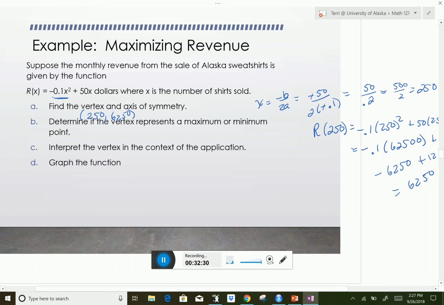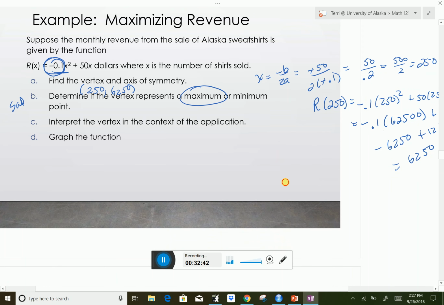What does the vertex represent, a max or a min? Since this is negative, we have a sad graph, and that means this is a maximum. Interpret the vertex.